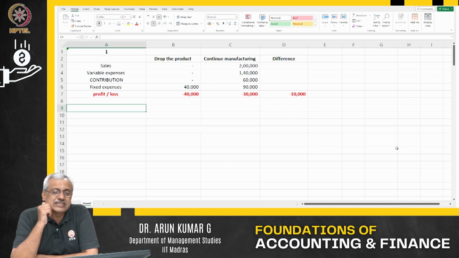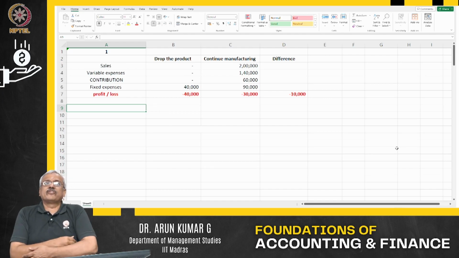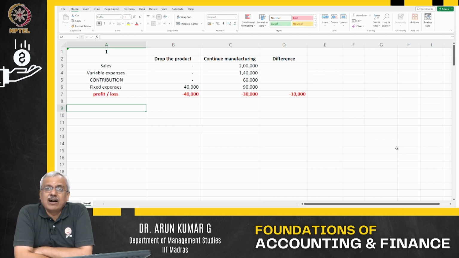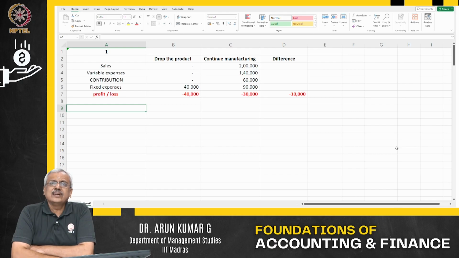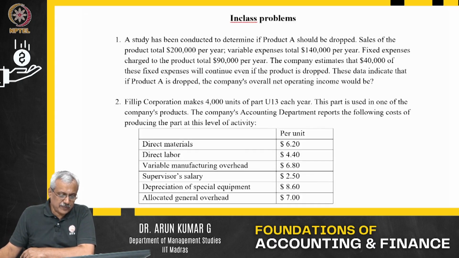So the decision is, I will continue to manufacture this product. Though it is making a loss, I will continue to manufacture till I find a better alternative which is going to offset the whole thing. But the alternative of not manufacturing does not exist at this stage, because if I do not manufacture, my loss increases. So that is what we talked about in the last class.